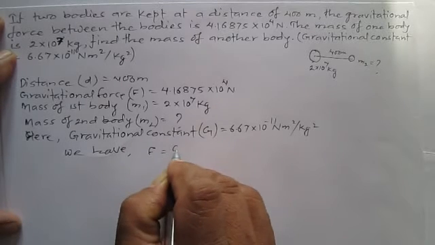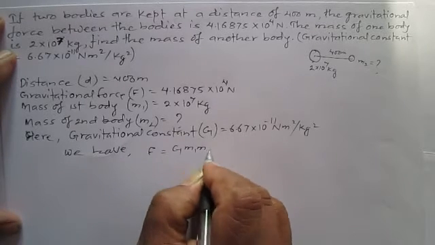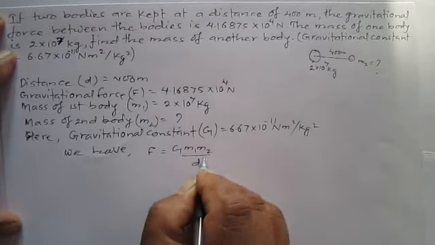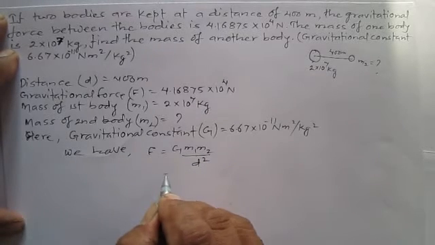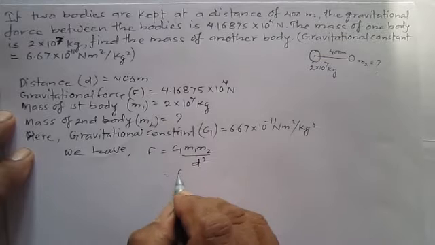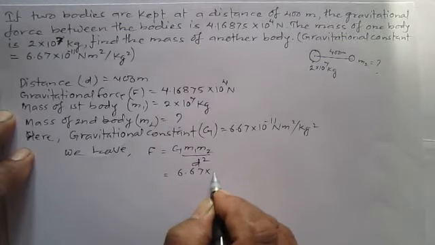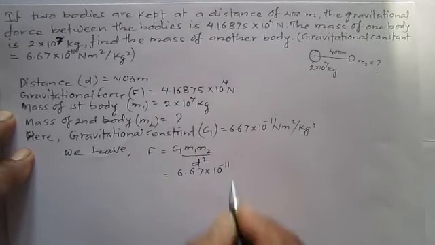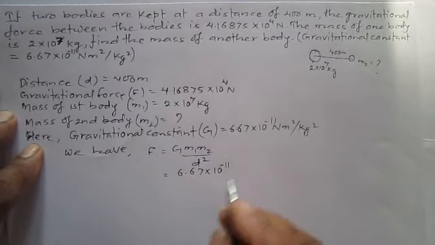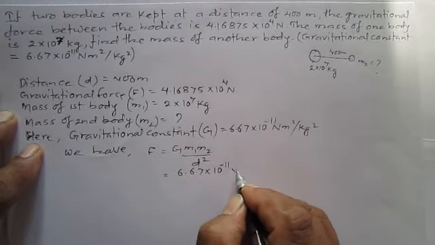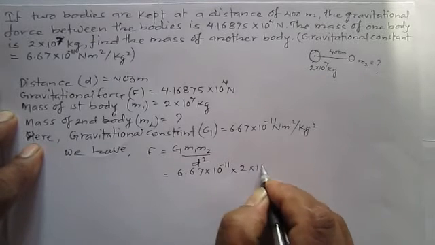F equal to capital G M1 M2 by D square, and the values we have to put here. The value of G is 6.67 into 10 to the power minus 11. We are not taking units in the process. And into 2 into 10 to the power 7.